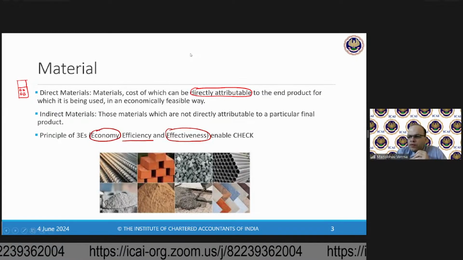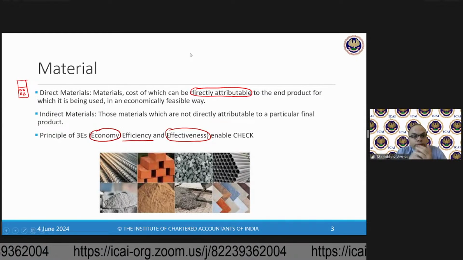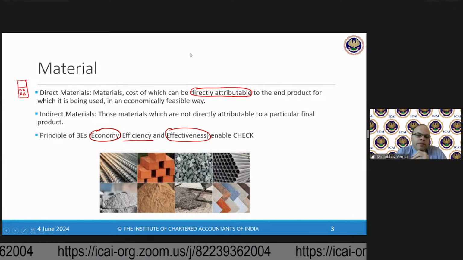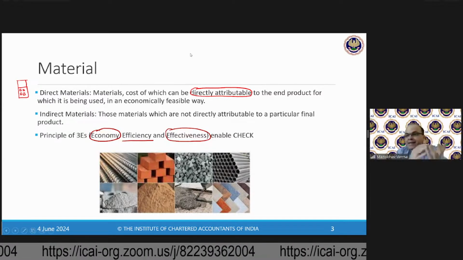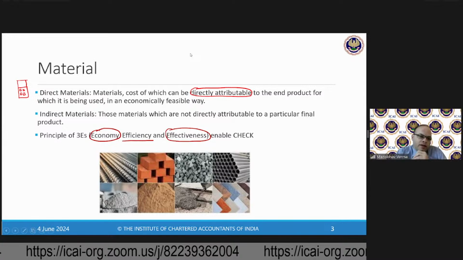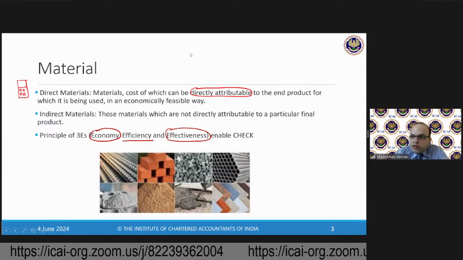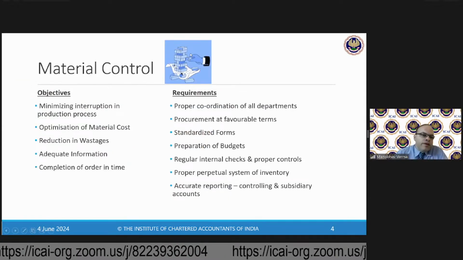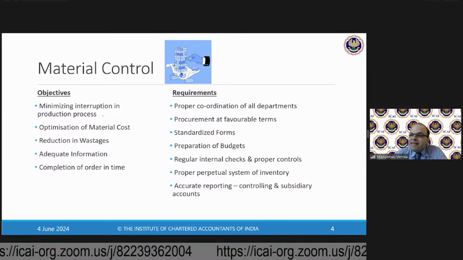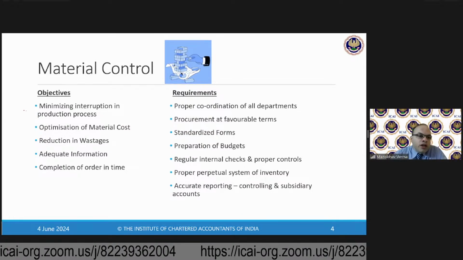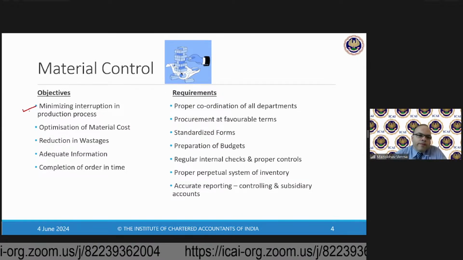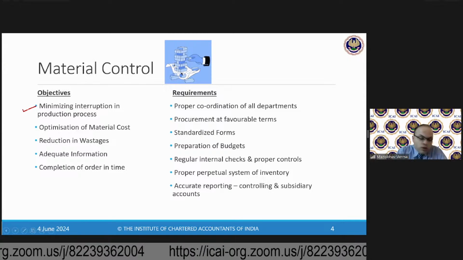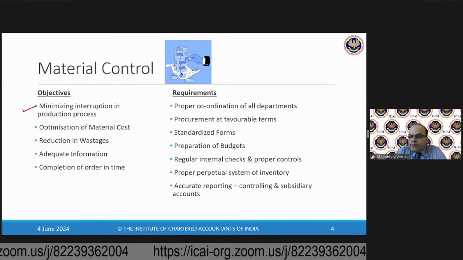It involves cost, of course. We want to minimize the cost. That's the ultimate objective. But behind that ultimate objective, we are talking about a few others. For example, we are looking at minimizing the interruption in the production process. Now, this is very important because you would want continuity.